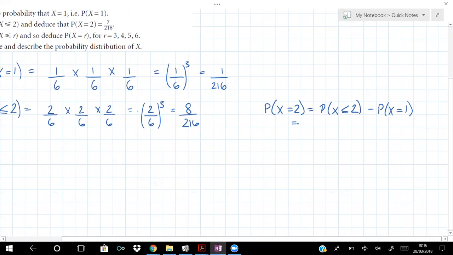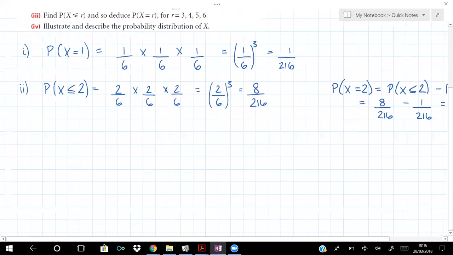So that's going to be 8 over 216 minus 1 over 216, which gives us the 7 that they're looking for. 7 over 216.